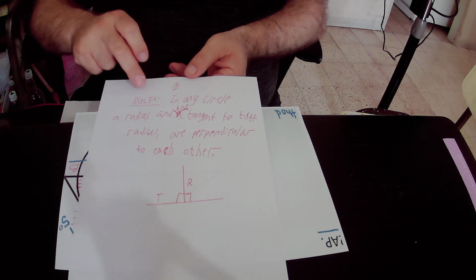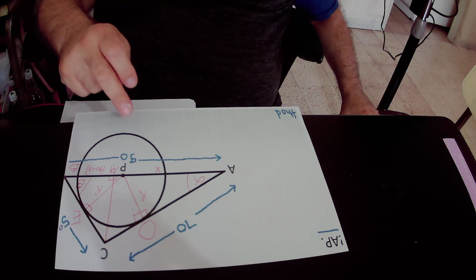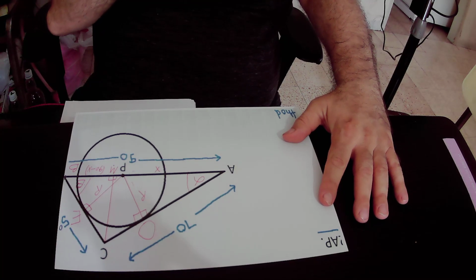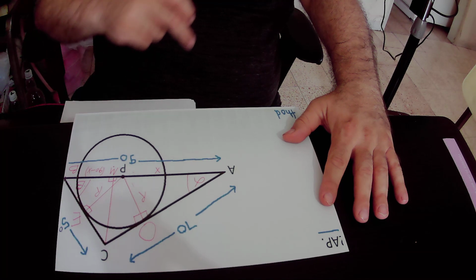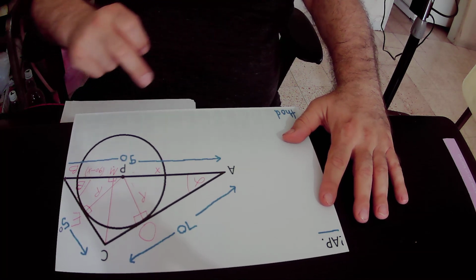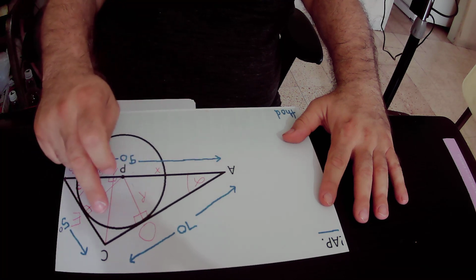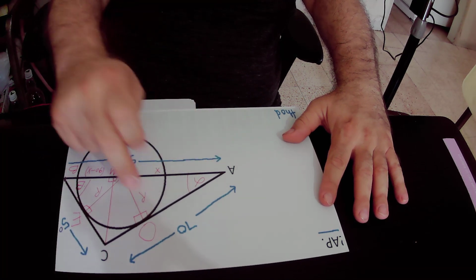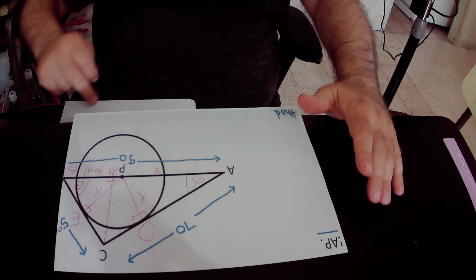We can implement this rule in our circle because for the radius OP, we have the tangent AC. So according to our rule, PO is perpendicular to AC. That is to say, angle POA equals 90 degrees and also angle POC equals 90 degrees.